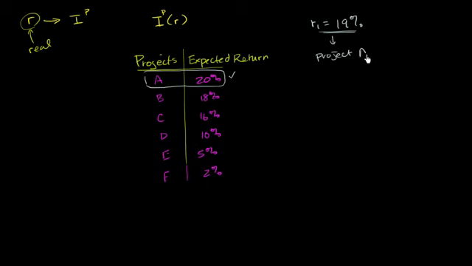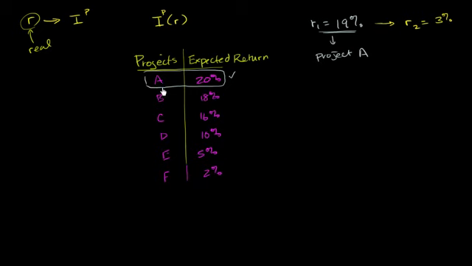Now let's think about what would happen if real interest rates went down. So let's say real interest rate, let's call that R2. Real interest rates go down to, I don't know, let's say they go down to 3%. Well, once again, project A, you are definitely going to do.